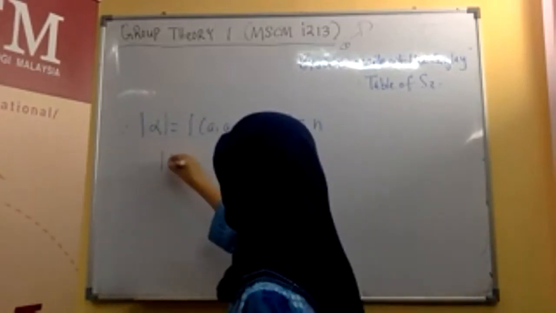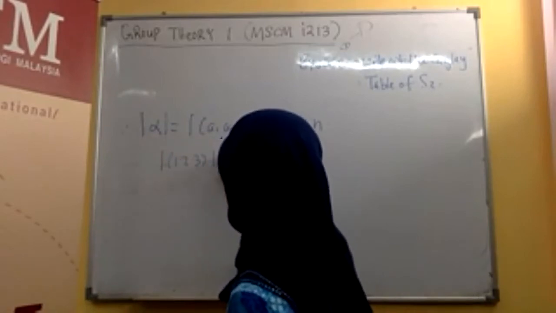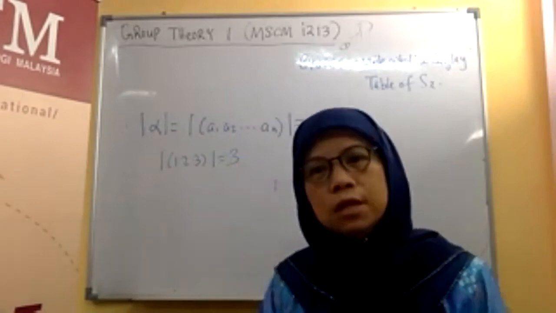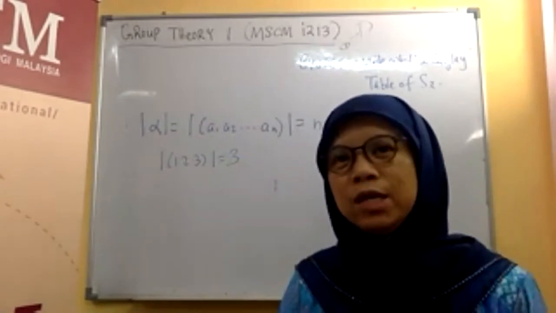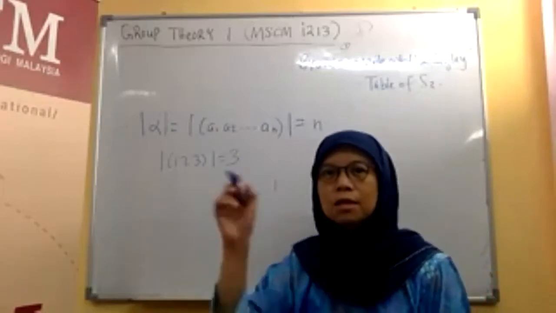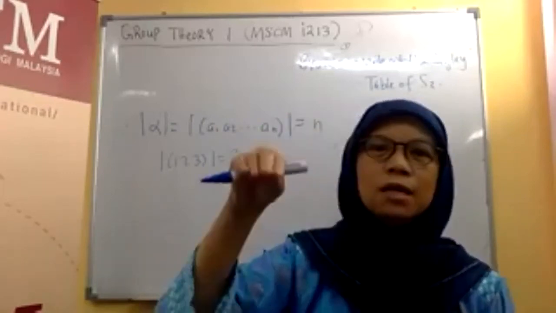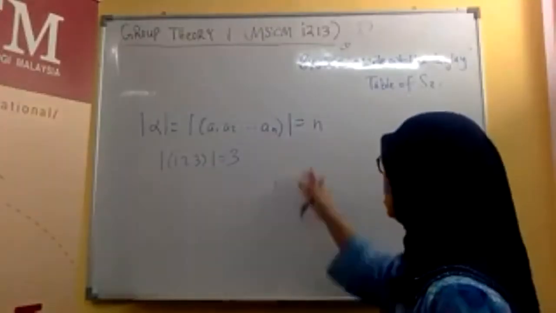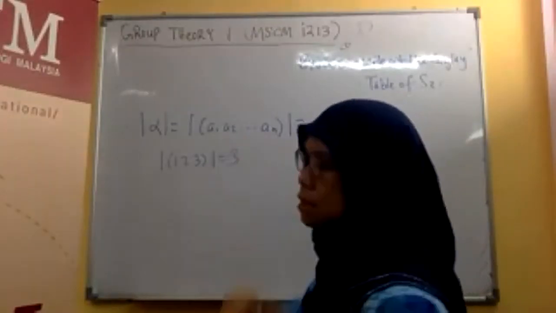So the order of (1 2 3) is just 3, it's just the length. Because (1 2 3) times (1 2 3) times (1 2 3), it will go back to 1. Okay, it's a cycle. You move again, the length number of times, it will get equal to 1. So the length is just n.